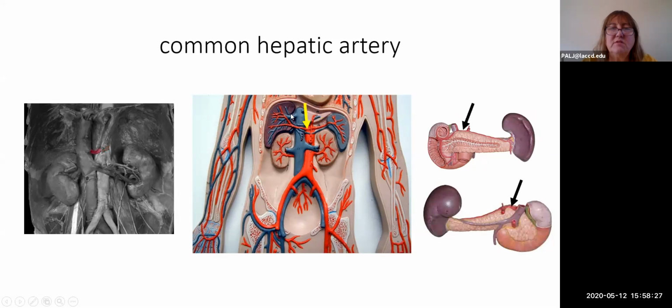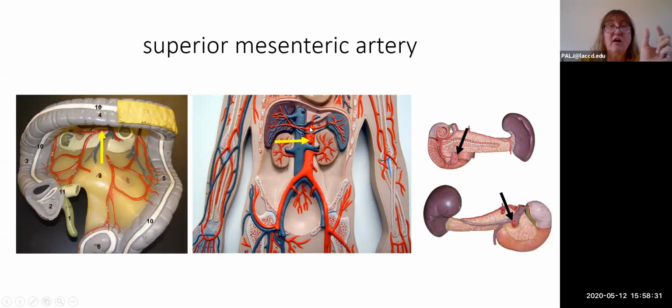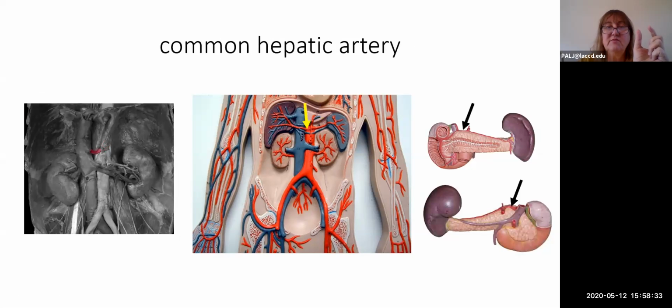The one that goes to the right is actually only about an inch or an inch and a half long before it divides. It's called the common hepatic artery. Don't just call it the hepatic artery, it's the common hepatic artery, because it's going to divide into branches going to both the right side and the left side of the liver, as well as branches going to the first part of the small intestine and other various places.